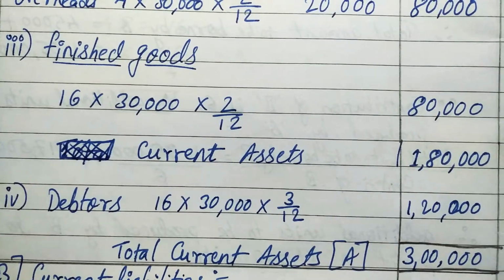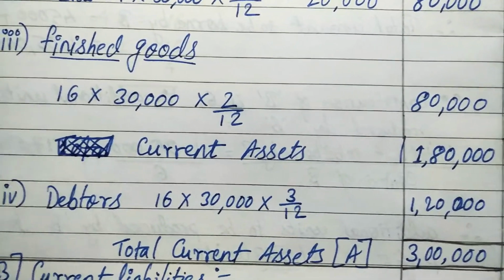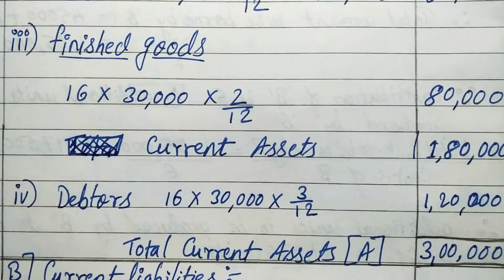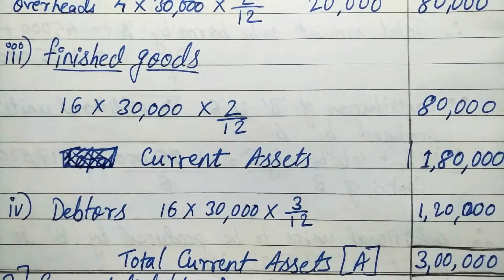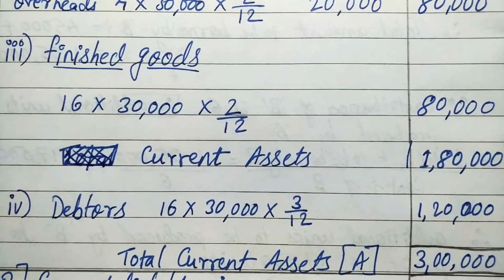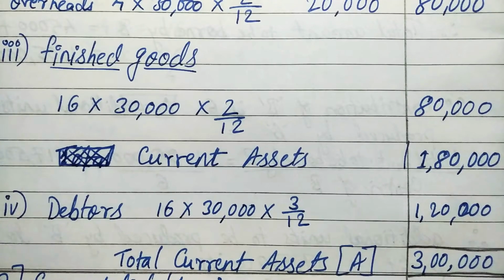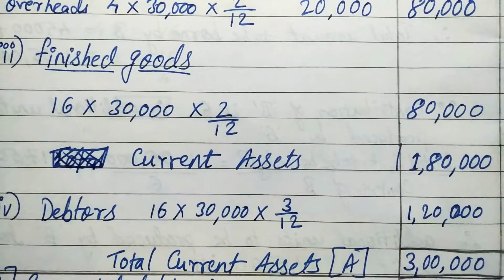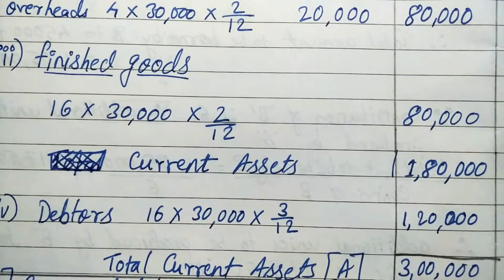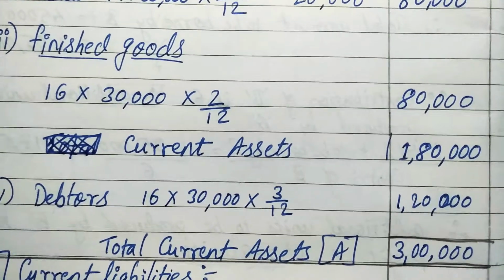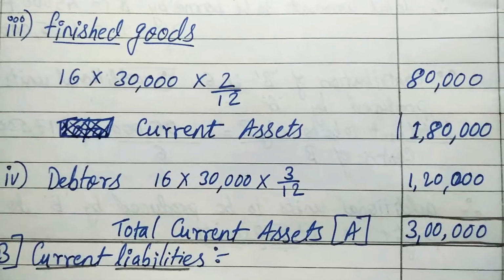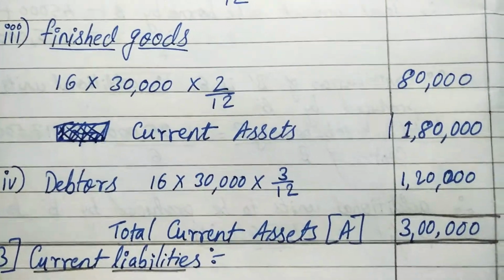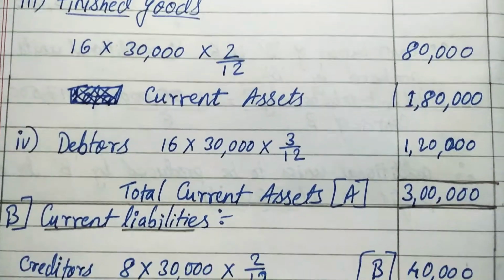So we multiply 16 rupees, that is the cost of goods that you have sold to the customers, multiplied by 30,000 units, because that's your total sales given in the question, multiplied by 3 upon 12, because the credit period allowed to customers is 3 months. You get 1,20,000. So the total value of current assets comes to 3 lakh rupees. So the total current assets for this company is 3 lakh rupees.